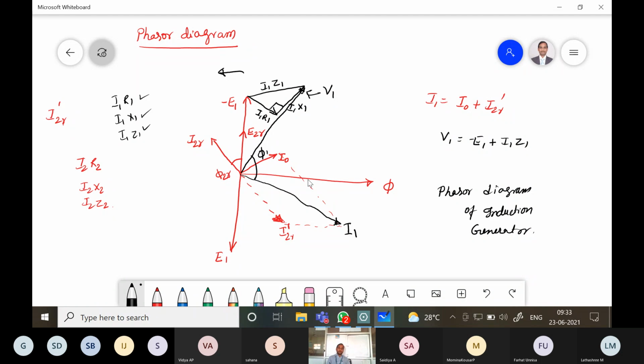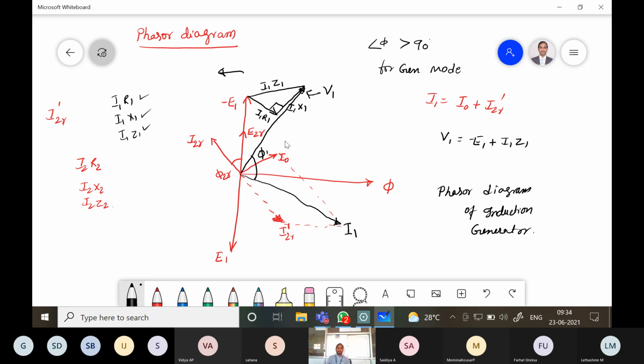Okay, and the angle between V1 and I1, that is called phi, is more than 90 degrees here. For generating mode, the angle is more than 90 degrees, which shows the electrical power of the machine is negative.